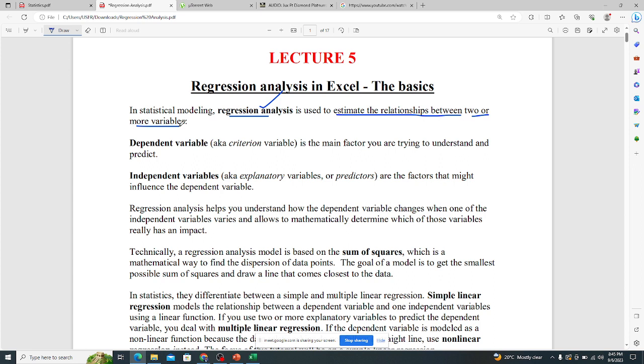We see how we can use historical data, create a model, and be able to predict the future.